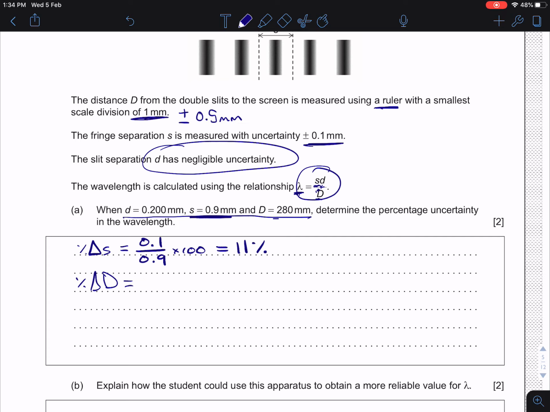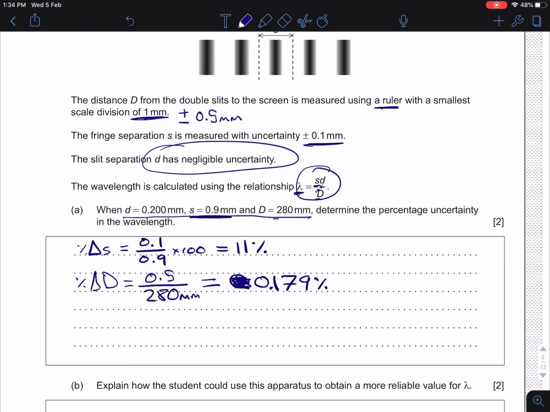So that's an uncertainty of 0.5 millimeters divided by the actual value, which is 280 millimeters, which gives us an uncertainty of 0.0179%, I think. No, 0.179%.